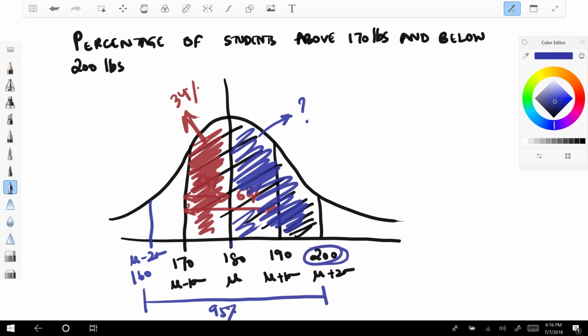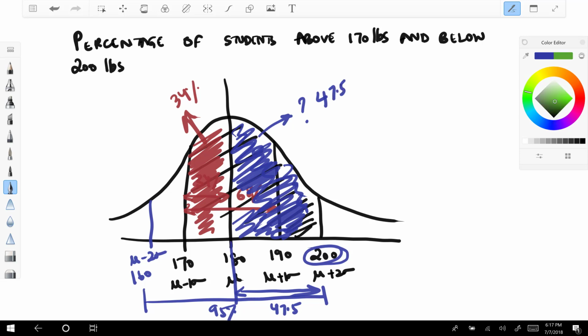So if you bring in half of it, this whole area would be 47.5. So this area is 47.5.